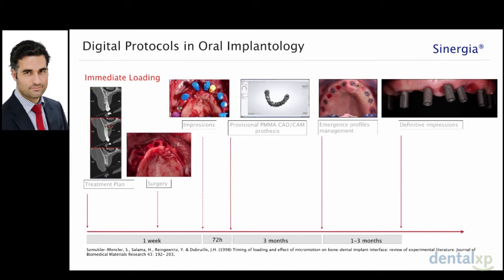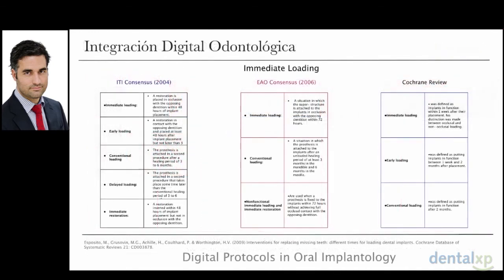The patient said okay. I always explain that I have to wait 72 hours for the provisional prosthesis, and sometimes I have a discussion because people don't consider immediate loading when you put the teeth 72 hours after.